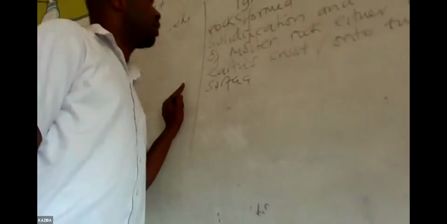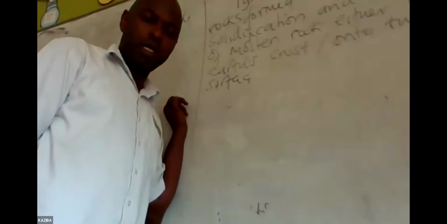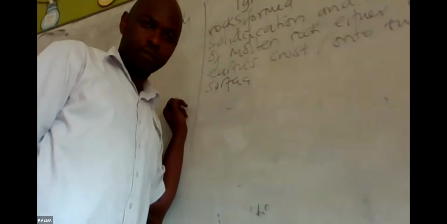So this is the definition of the fire formed rocks, and they are formed as a result of cooling, solidification, and crystallization of molten materials.